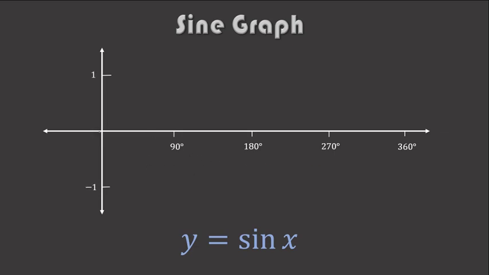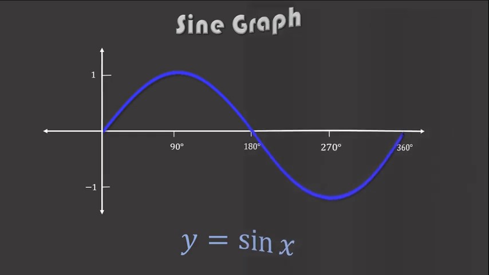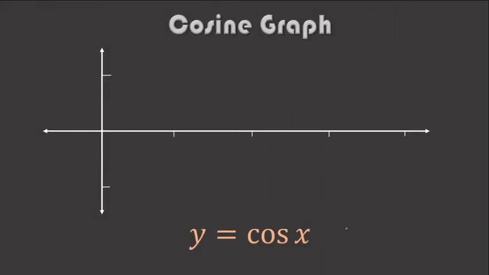Now to draw it, just remember that we start here and then we draw it over 90, through 180, underneath 270 and 360. So this you have to learn off by heart, how to draw your basic y equals sine x. Then if we go over to the cosine graph, we also start at 360, half that, and then half that, that's 90 and 270, and then cosine also goes from -1 to 1.